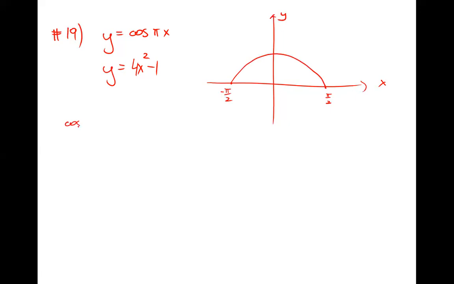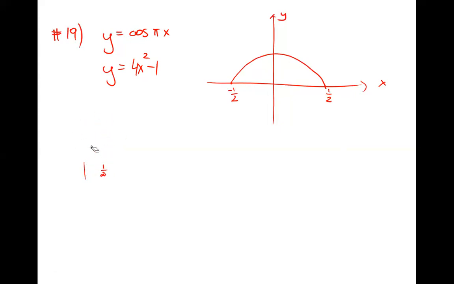But we can try: cosine of pi x must be 0. That means, cosine for what angle is 0? For pi over 2 and for negative pi over 2. That means x will be just half, okay, because we're dividing. Since we have that pi, we're losing that pi in that x value. That means this is negative half and this is positive half, okay. That's the zeros of the function.